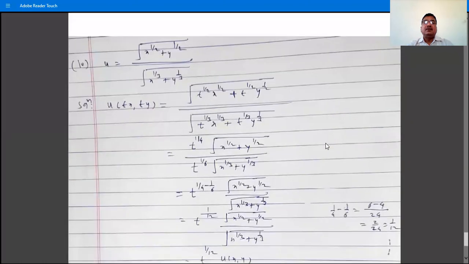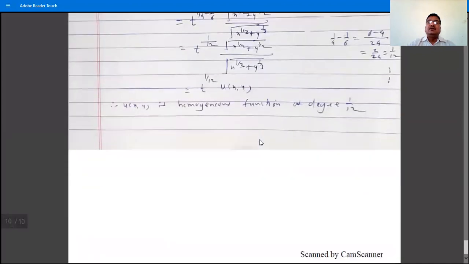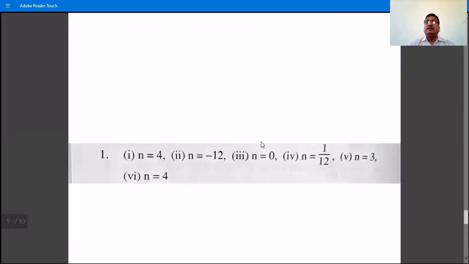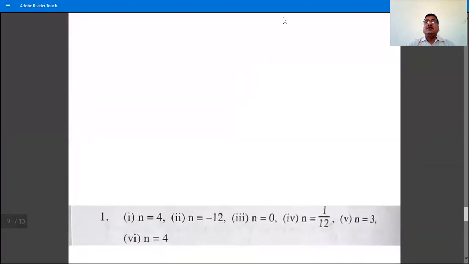So while solving the homogeneous differential equation, this topic is important, that we have to check whether the given differential equation is a homogeneous differential equation.